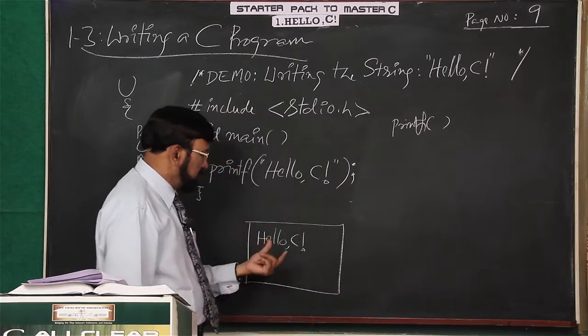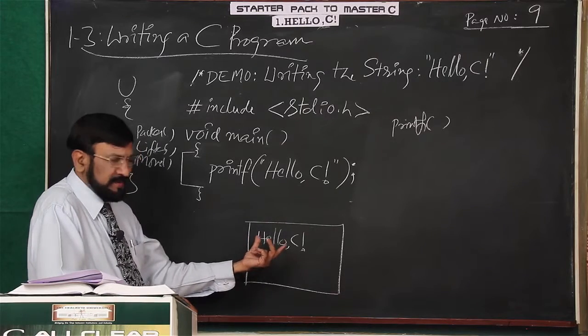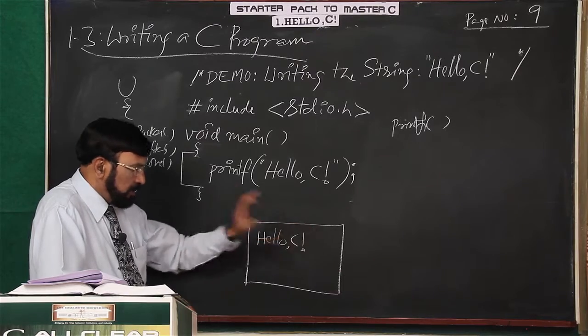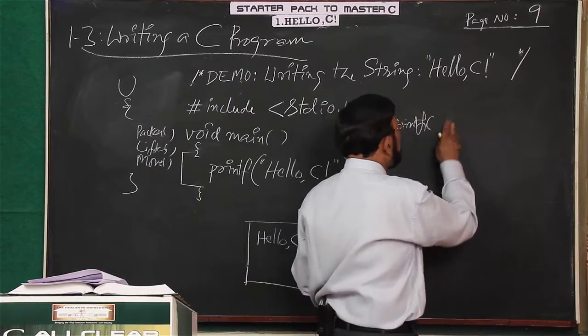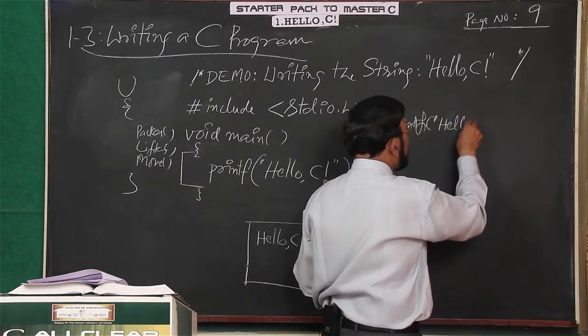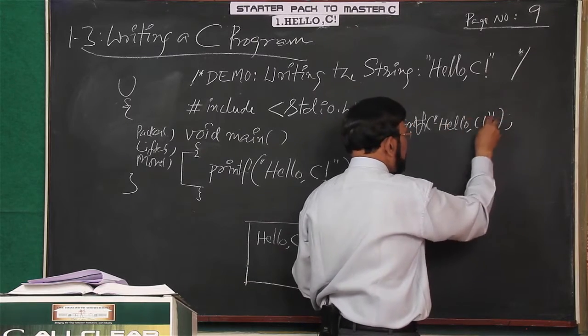Now, what is your task? You have to get some string, a set of characters, to be written on the monitor screen. Now you have to provide it with the proper delimiters. Now what string, what set of characters are you expecting to be written on the monitor screen? These are the delimiters.